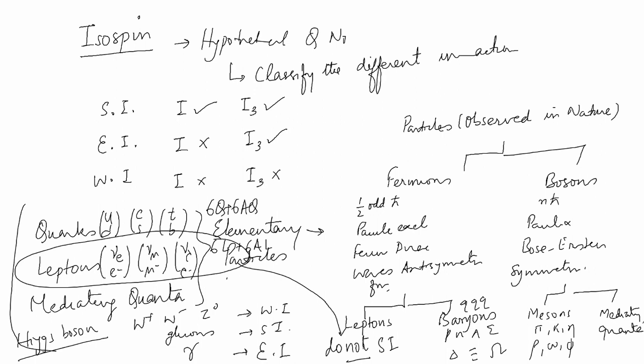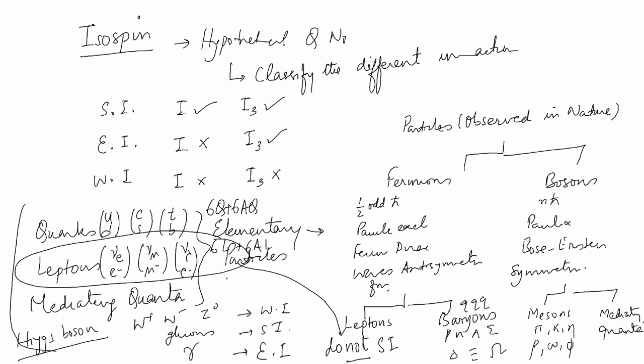All the mediating quanta which I have written on the left hand side are bosons. Photon, W boson, Z boson, gluons are all spin 1 particles, while the graviton is a spin 2 particle.